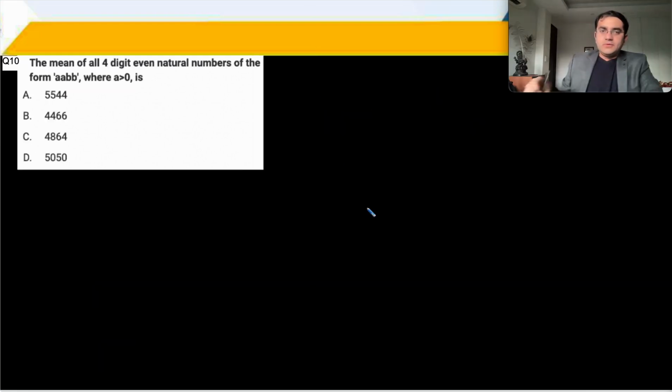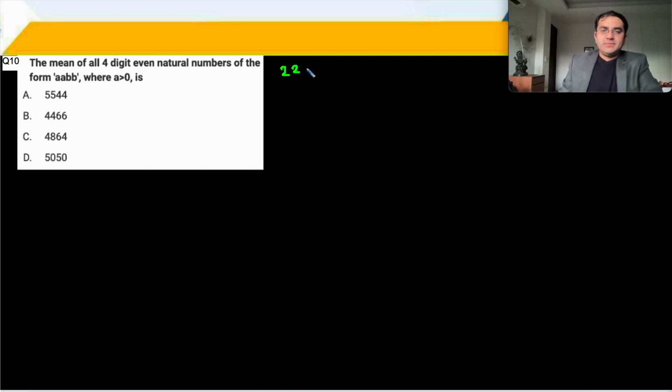Right, now this is a slightly tough question because शायद आपको strike ना हो about how to go about this kind of question, because if you start doing it manually, mean of all 4-digit even natural numbers of the form AABB, where a is greater than 0.